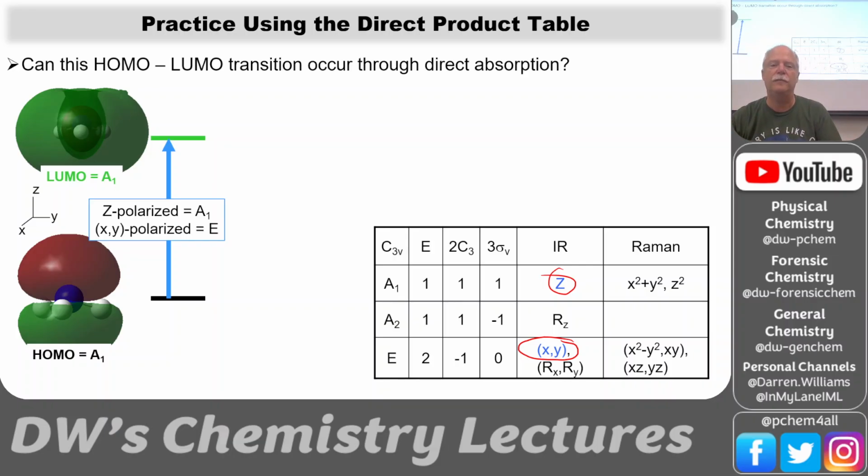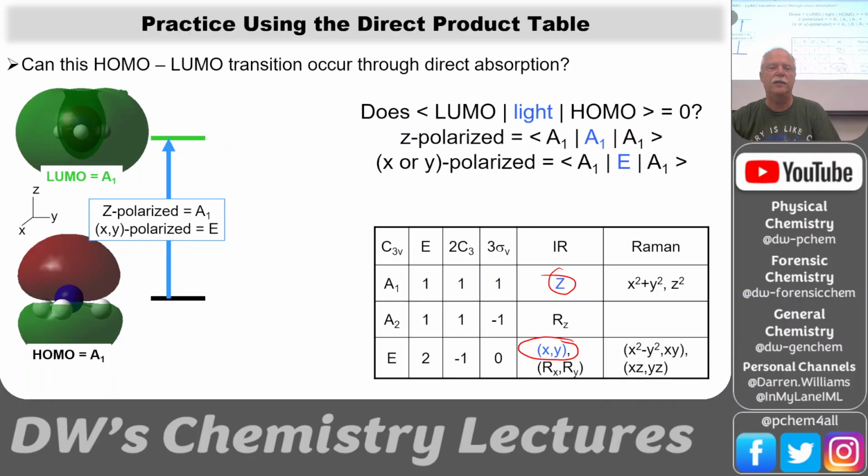So let's go through it. Z polarized light is A1, X or Y polarized light is E, and so we can set up our transition dipole moment integrals. This is for Z polarized light. You see the highest occupied molecular orbital is A1, the lowest unoccupied molecular orbital is A1. So we have A1s on both ends, and then light is different in the middle.